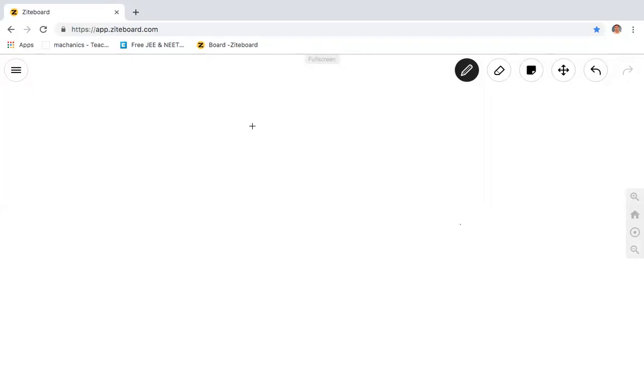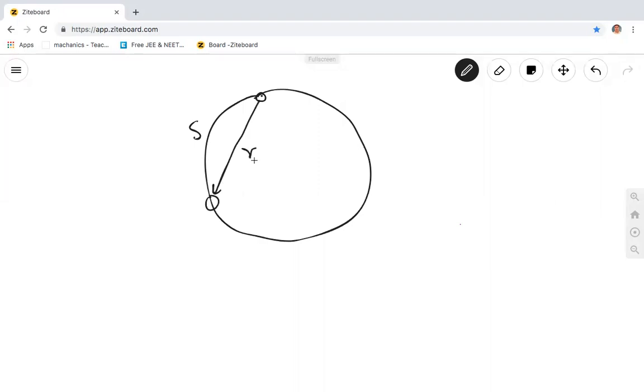See here, a particle is moving like this, and the particle goes from here to here. This is S, distance covered, and this is displacement, delta R. Yes, 2 pi R is the total distance, the circumference, but I don't talk of total distance.